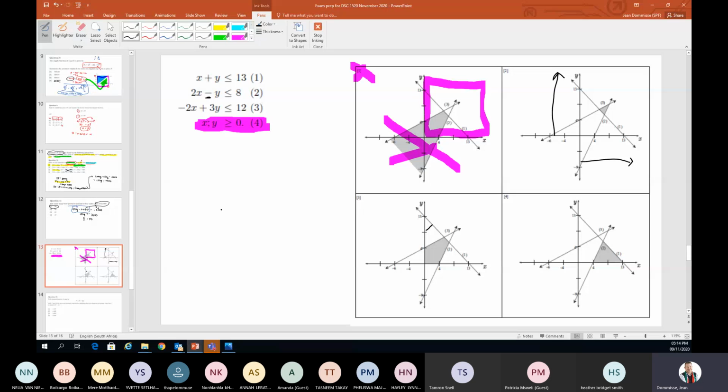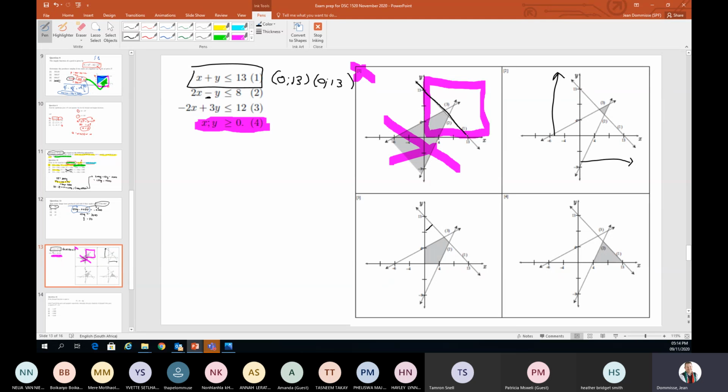So let's take this equation as the first one. When x is 0, y is 13. And when y is 0, x is 13. Okay, so let's see.